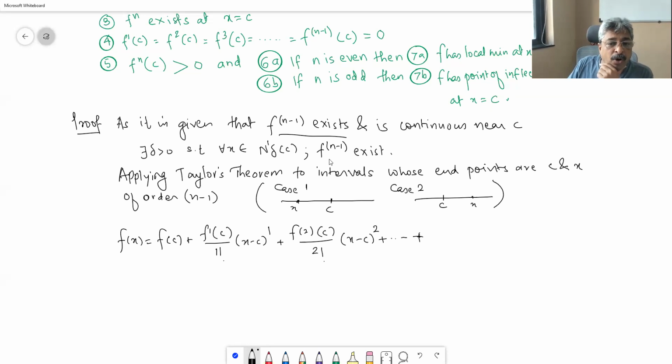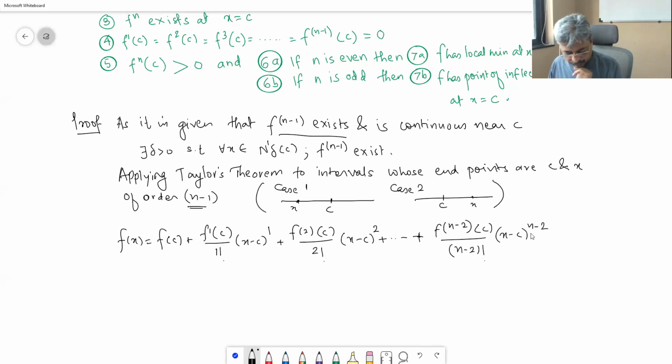Now applying it for order n minus 1, my last term here is f n minus 2 evaluated at c upon n minus 2 factorial into x minus c raised to n minus 2, and then I will have the remainder term, which is a correction, f n minus 1 evaluated at d divided by n minus 1 factorial into x minus c raised to n minus 1.